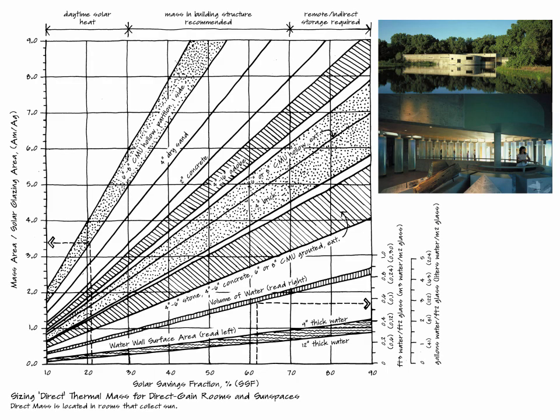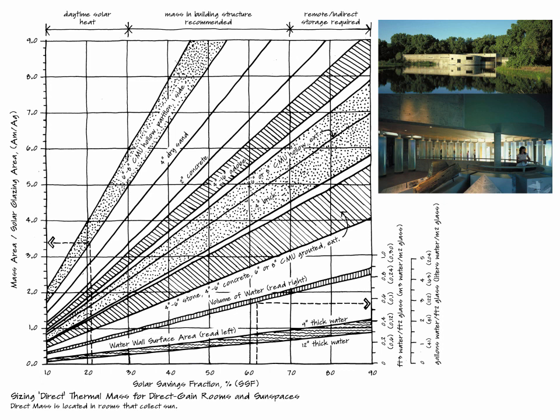Now, with that in mind, we can look at sizing direct thermal mass. For direct gain rooms and sun spaces in this case, the size of the thermal storage wall is the size of the wall or the size of the glazing, right? There's a little video on thermal mass that has lots of illustrations and goes through this in somewhat more detail.